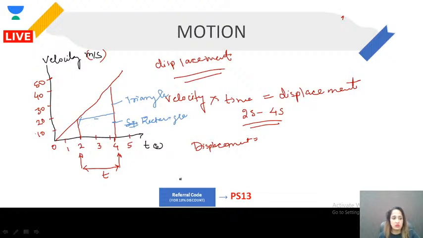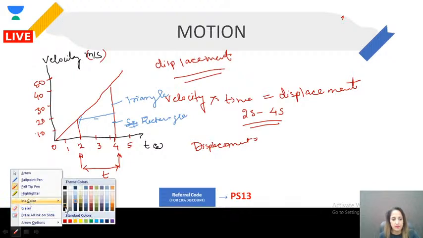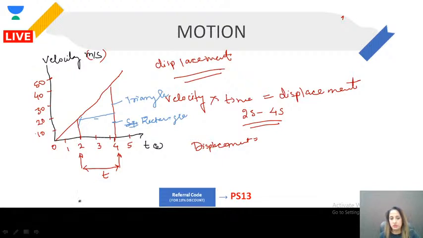Okay, so how do we do it? Let me change the color. It is the area of the rectangle plus the area of the triangle that we have, right? So the area of the rectangle will be both the sides, like this side and this side.